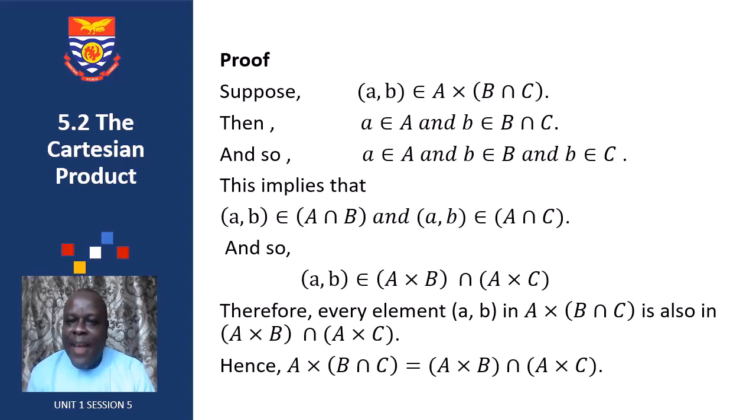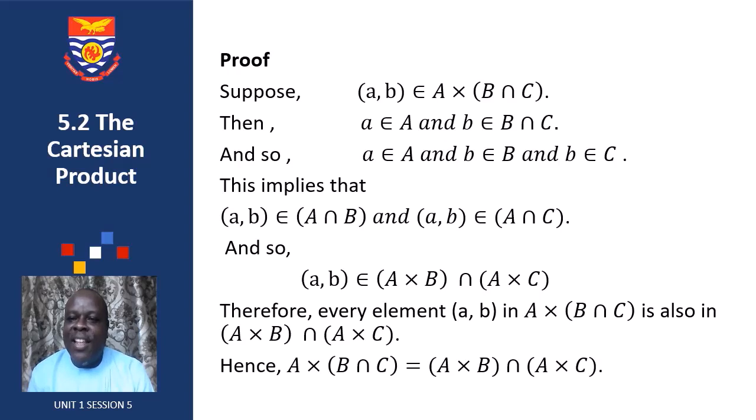And that implies that the ordered pair (a, b) is a member of A cross B, and the same ordered pair (a, b) is a member of A cross C. And so (a, b) is a member of (A cross B) intersection (A cross C).